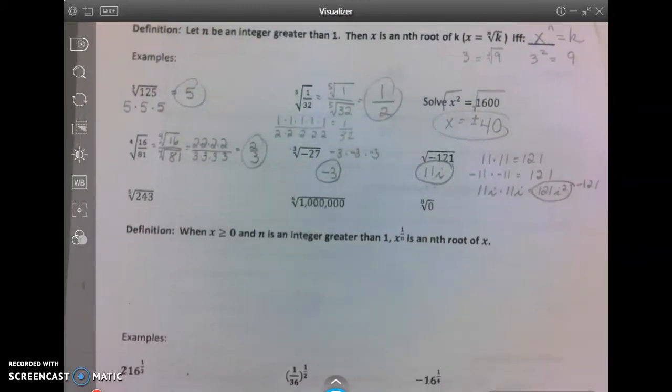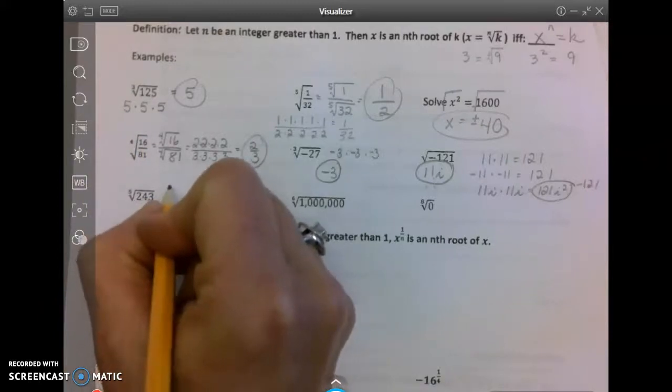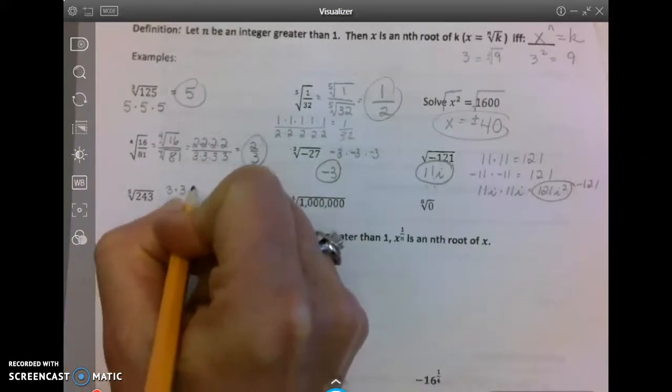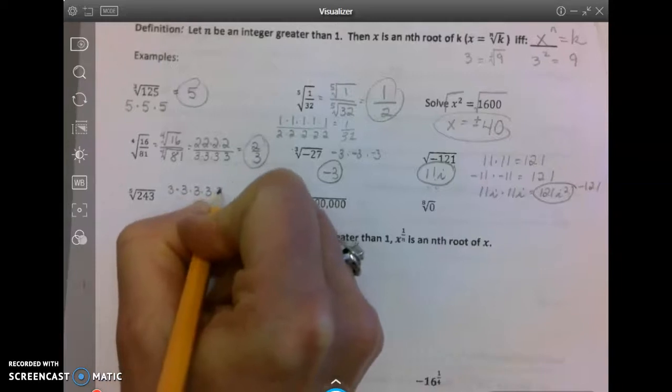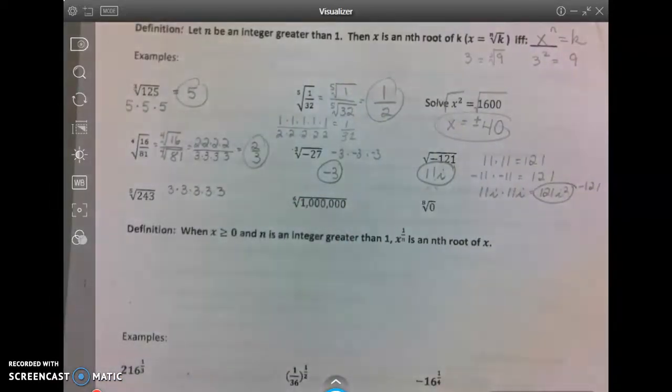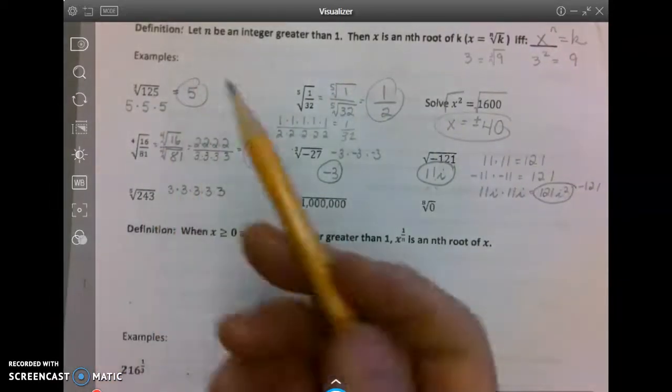All right, let's go to the fifth root of 243. Again, I know it's not going to be 2, because when you multiply 2, you always get an even number, and this is an odd number. So the next one I'm going to try is 3. I have to multiply it 5 times. Let's try to do it without a calculator.